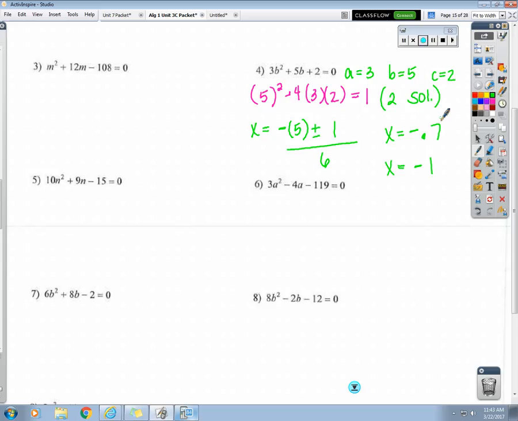Okay, number 5. What do I do first? Okay, so what's the A? What's the B? And what's the C? So B squared minus 4 times the A value times the C value.